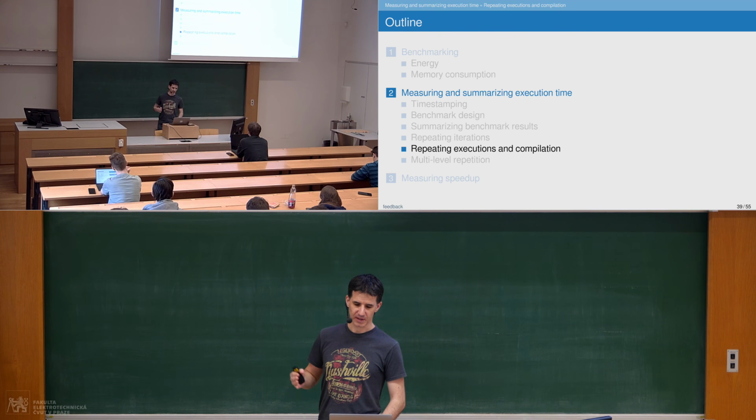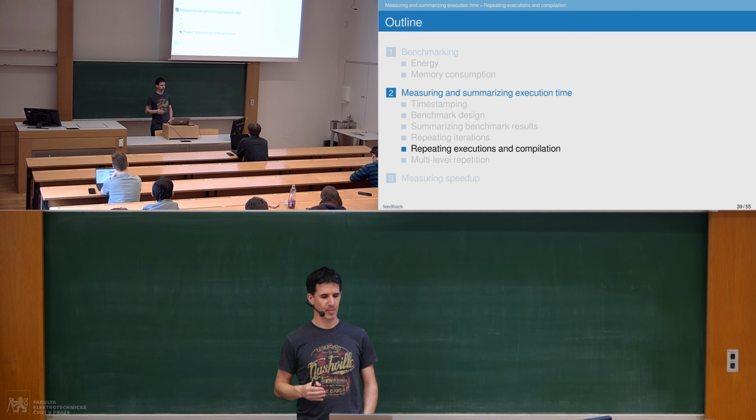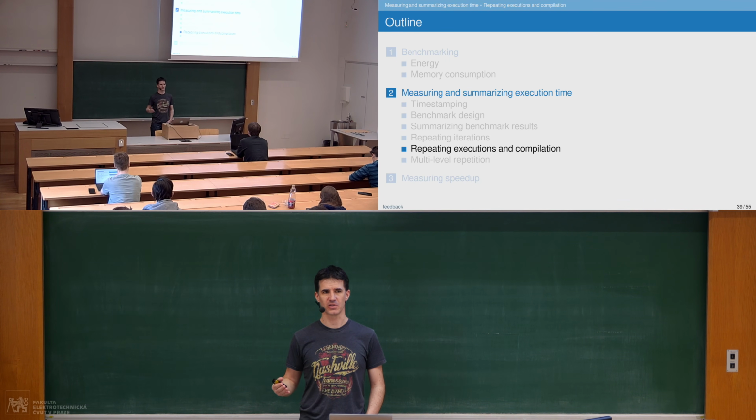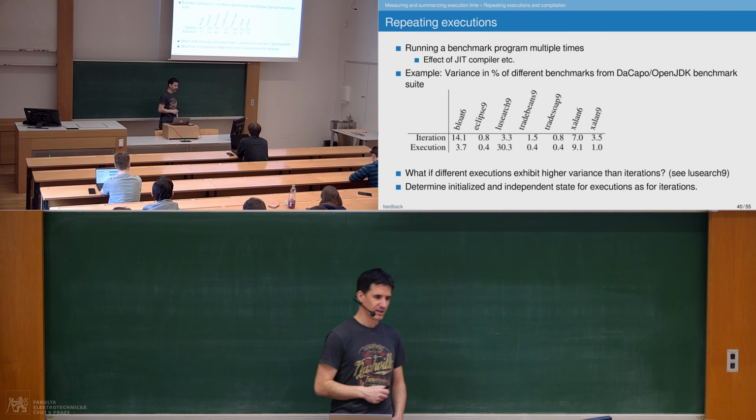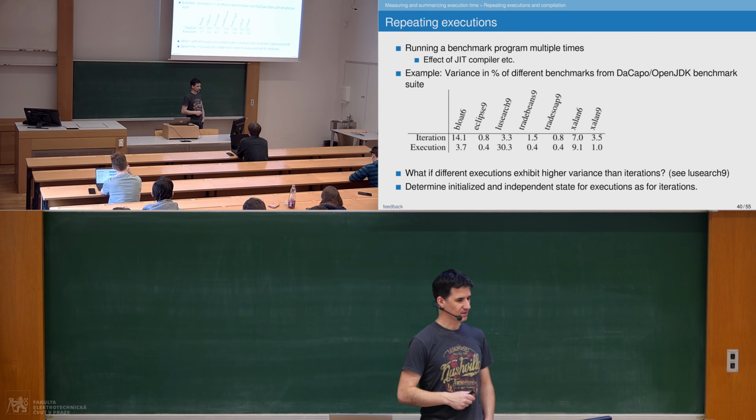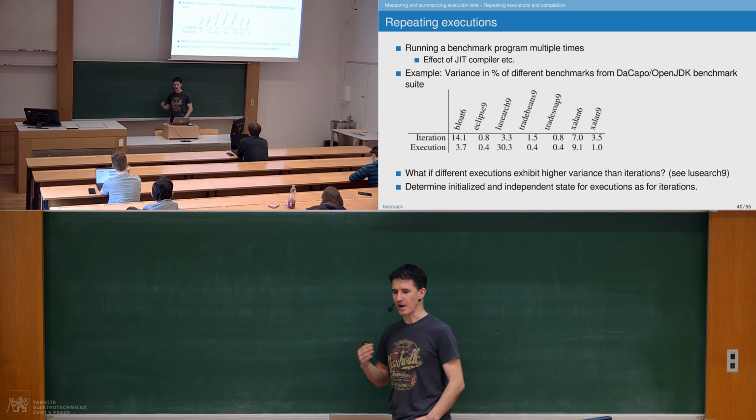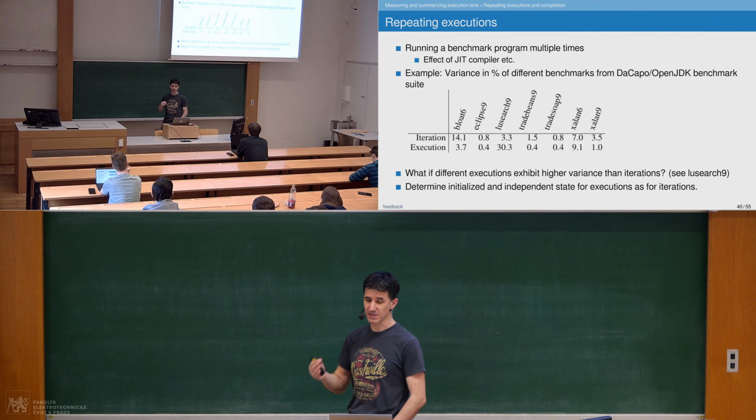So far we have talked about repeating iterations in the program. Now I have said that another source of variance can be at execution time.